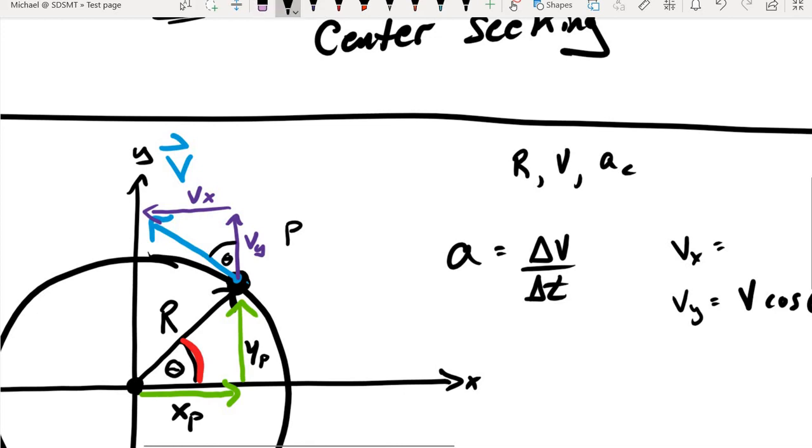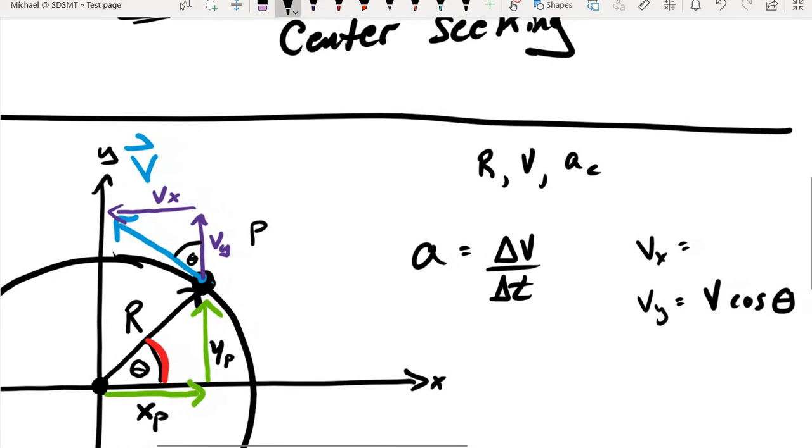We have to keep in mind that it is the placement of the angle in the triangle that defines what trig function we should be using. So that y component is going to be defined as the magnitude of the velocity times the cosine of the angle theta, and that means the x component, which is the leg opposite of our angle, will be using sine of theta.